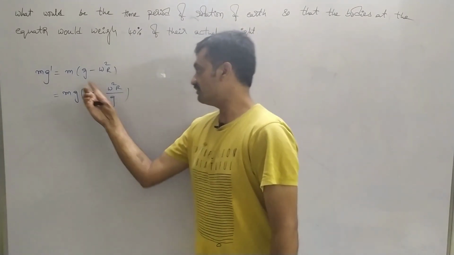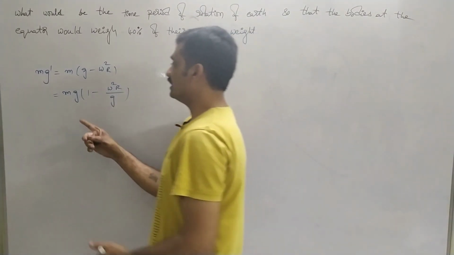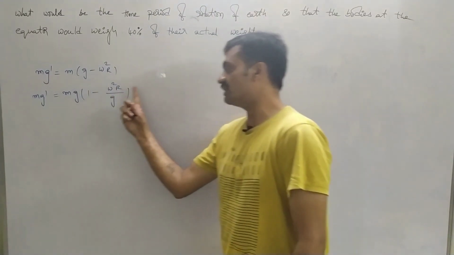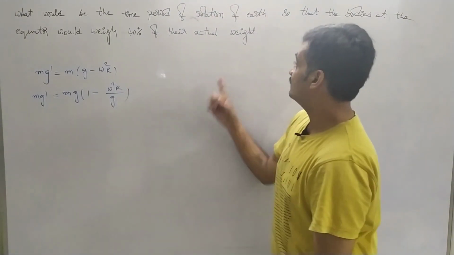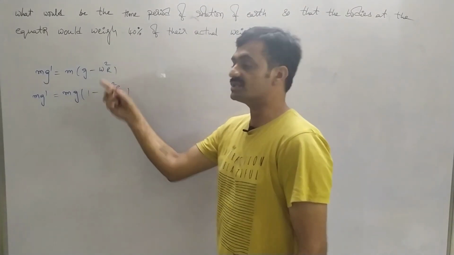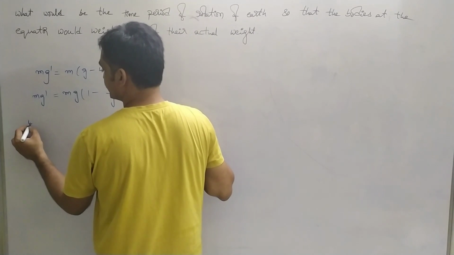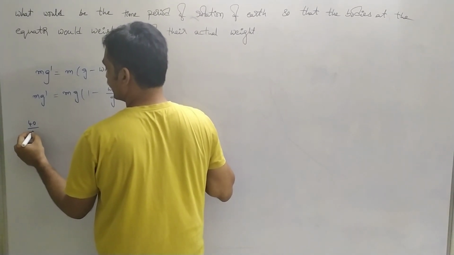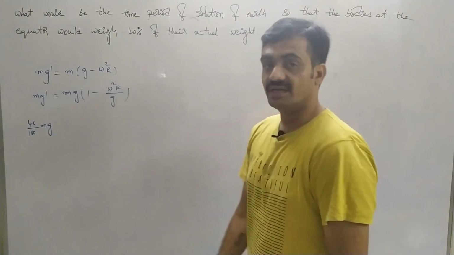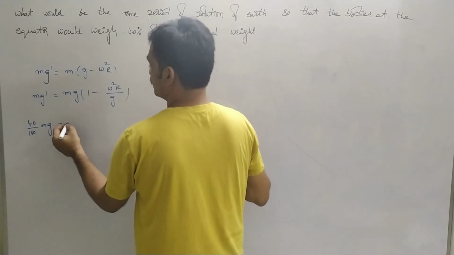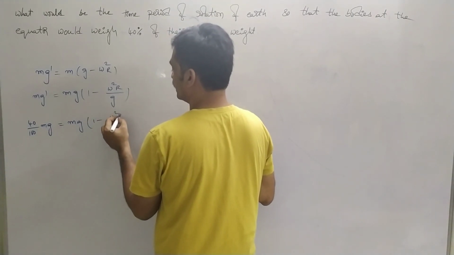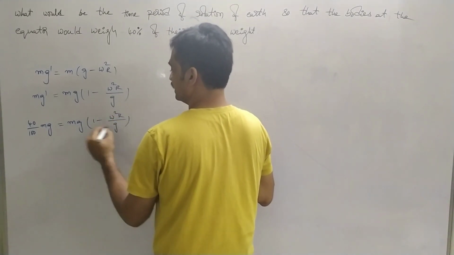So m g dash equals mg into 1 minus omega square r by g. Observe that the weight at the equator is 40% of its actual weight, so it can be represented as 40 by 100 of mg, which equals mg into 1 minus omega square r by g.